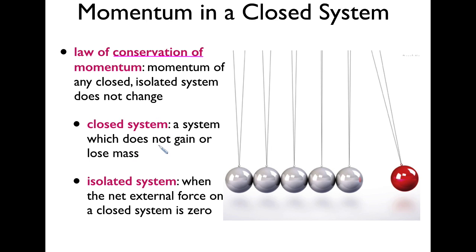So a closed system does not gain or lose mass. Okay, so a closed system has to do with mass. And an isolated system has to do with forces. And that's when the net force on that system is 0. Okay, so that's F net equals 0.